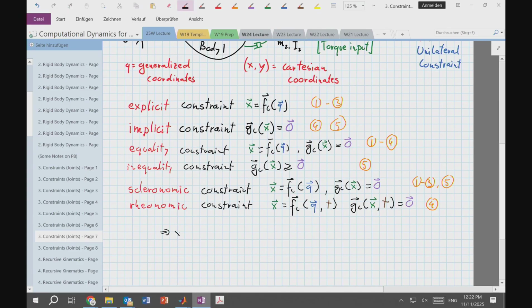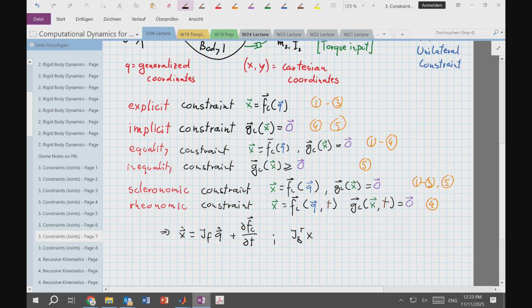In terms of velocities, right, for rheonomic constraints, we get an additional term. X dot is now Jf times q dot. But now I also have to take into account the partial derivative of my constraint function against time. And for implicit constraints it would be kind of the same.